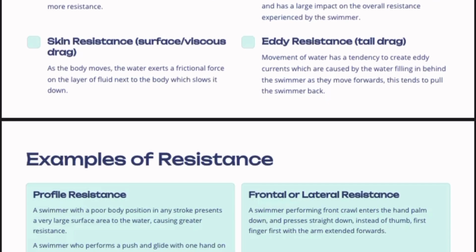This resistive force acts when the air and the water meet and has a large impact on the overall resistance experienced by the swimmer. So the next is the eddy resistance, which is the tail drag. The movement of water has a tendency to create eddy currents, which are caused by the water filling in behind the swimmer as they move forwards. This tends to pull the swimmer back.